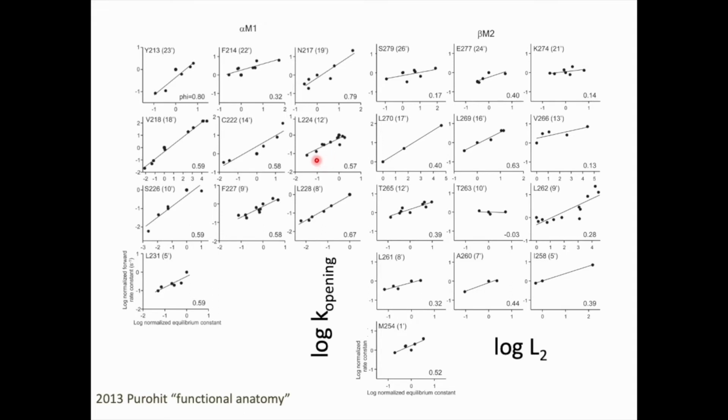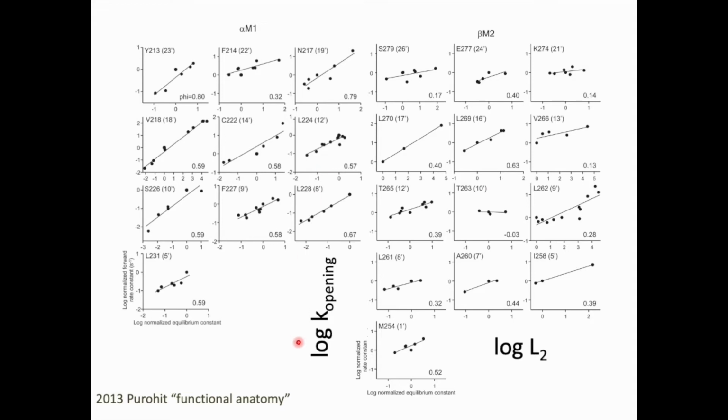These are the averages of 3 patches each. We plot them on a log-log plot and fit them to a straight line, and the slope of that straight line is phi, which is the ratio of those two blue arrows I showed in the previous energy landscape diagram.